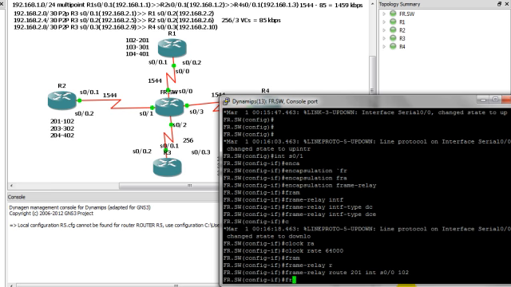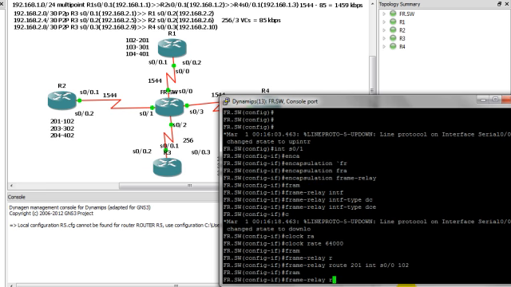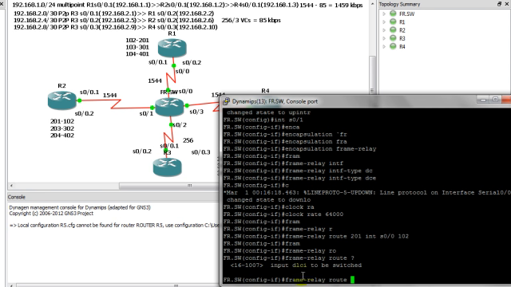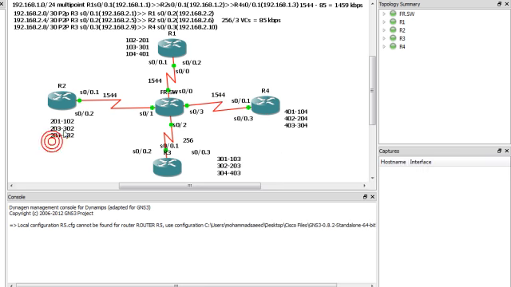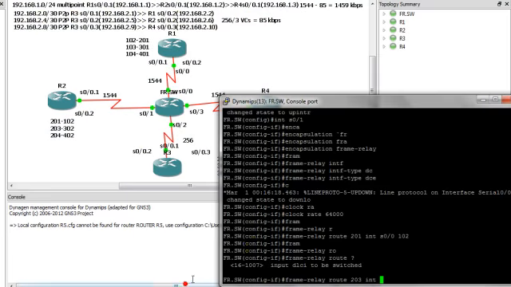Frame relay route, the input DLC is 301 to go out to the serial 0/0, sorry, what is that? No, this is 203 to go through serial 0/2 with 302.